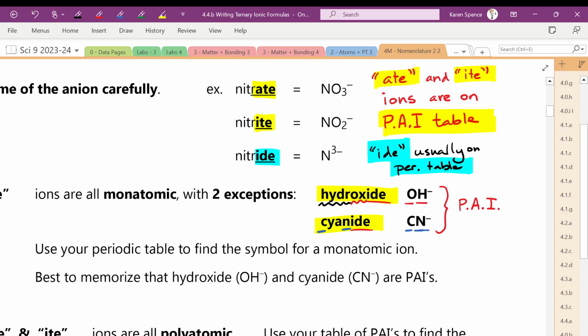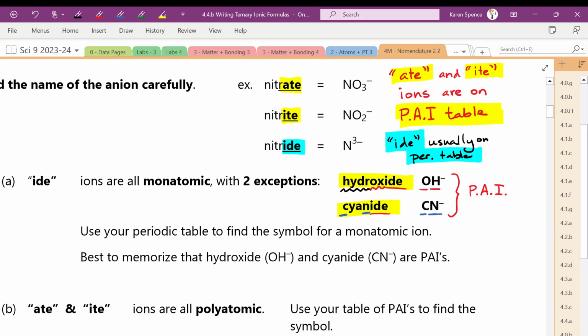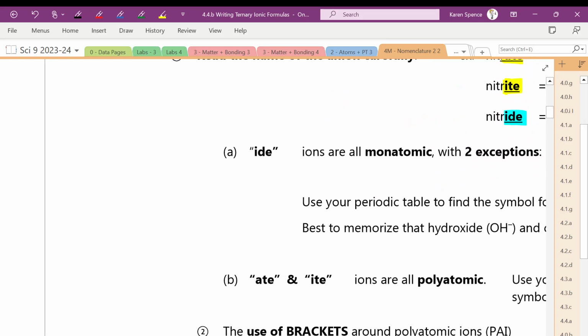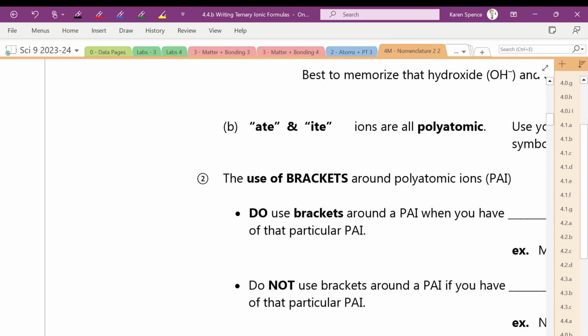Okay. Let's try a couple of examples. We're going to try just over on the side here, for example, magnesium hydroxide.